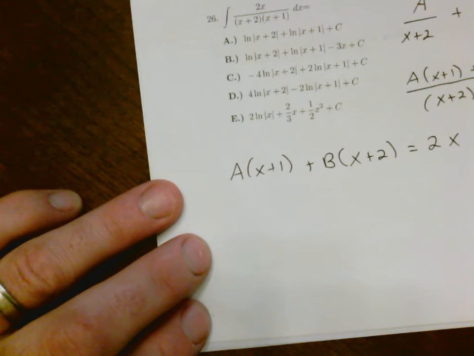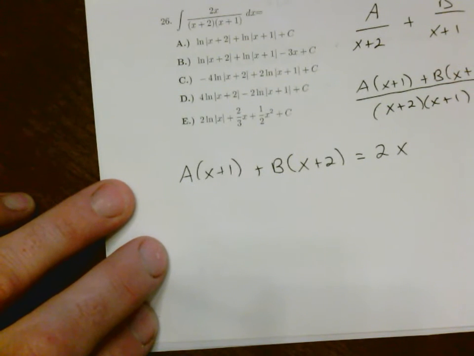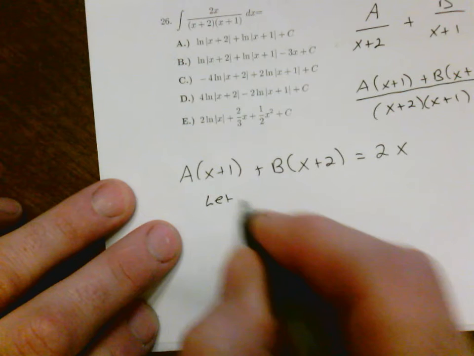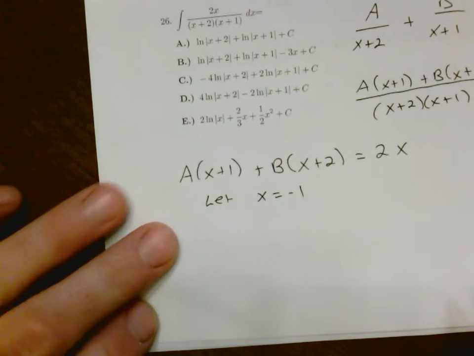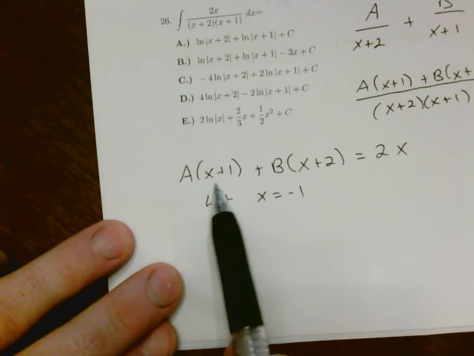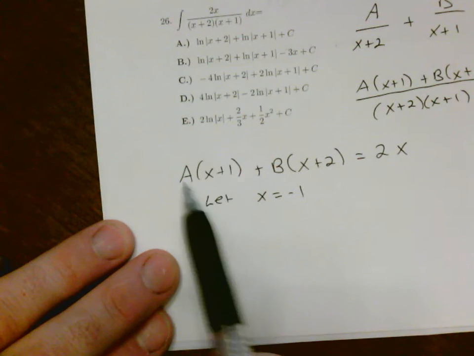Now remember, we choose carefully what we want to let x be equal to. So I'm going to let x be equal to negative 1. This is the equation. It should work for all values of x. So when I plug in negative 1, it should work. Well, if you notice, when I plug it in here, this is going to go away.